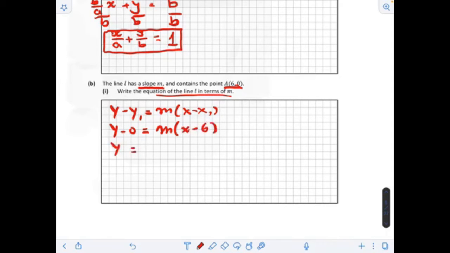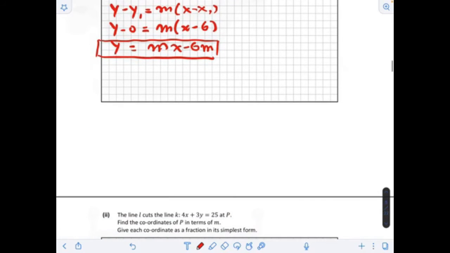Multiply out, so y equals mx minus 6m. Now we go with this answer, and I'm just writing it here because we need it for the next part.